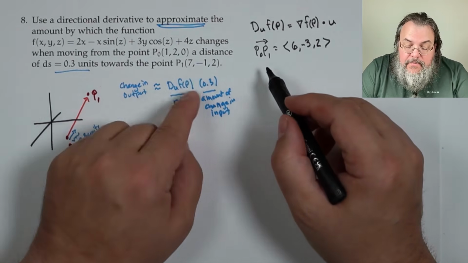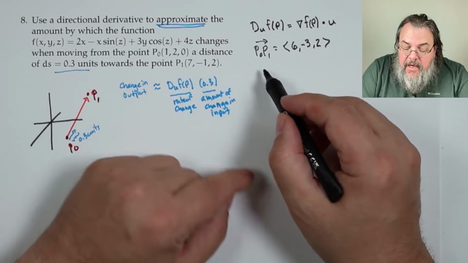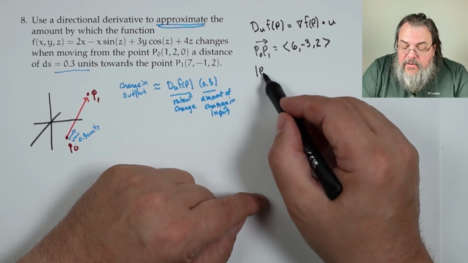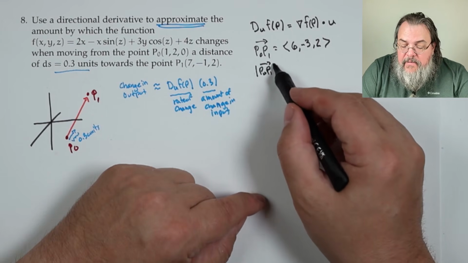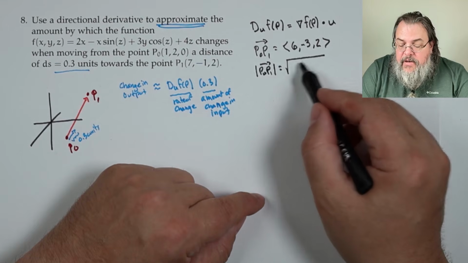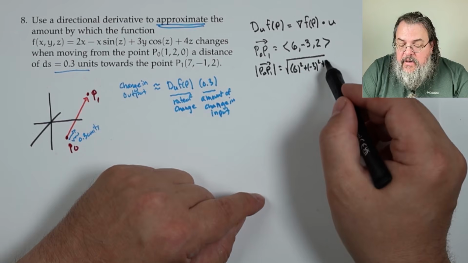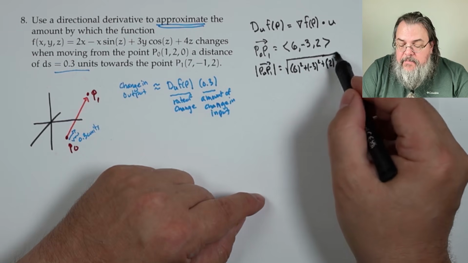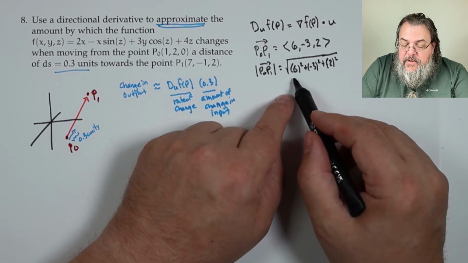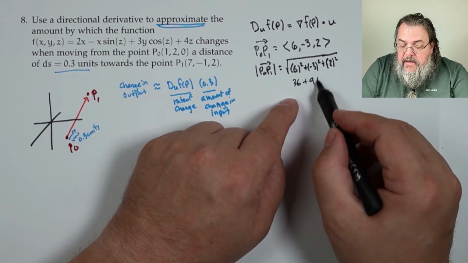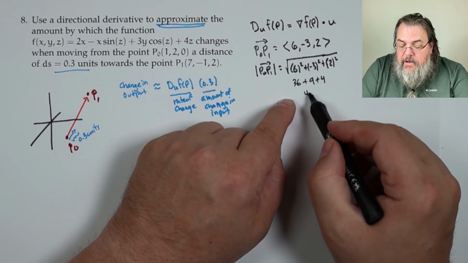Now with that, I want to find the magnitude of this vector. So that's the square root of 6 squared plus negative 3 squared plus 2 squared. Well, that's 36 and 9 and 4, or 49.